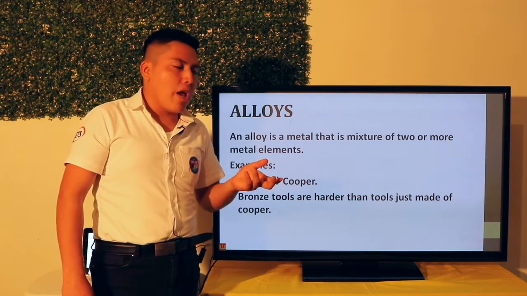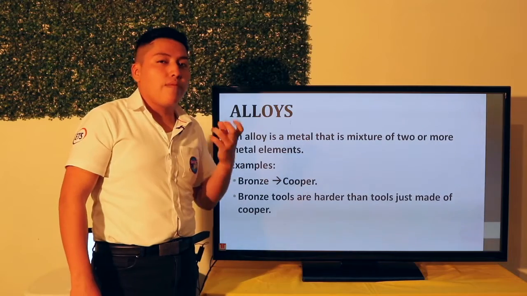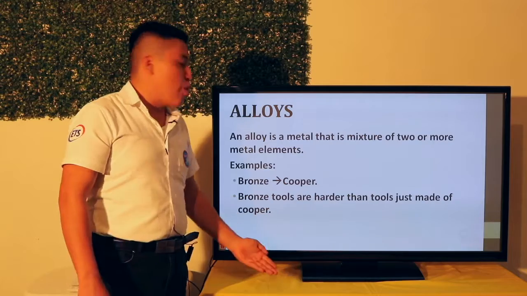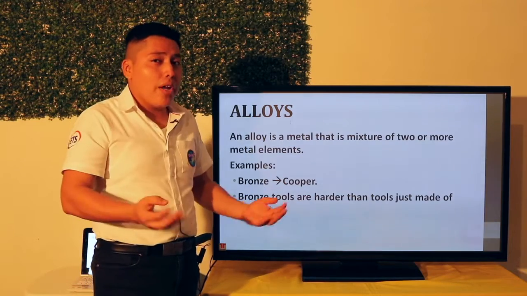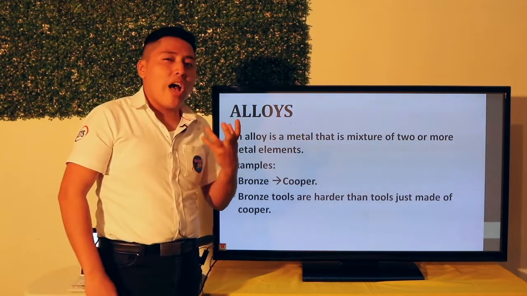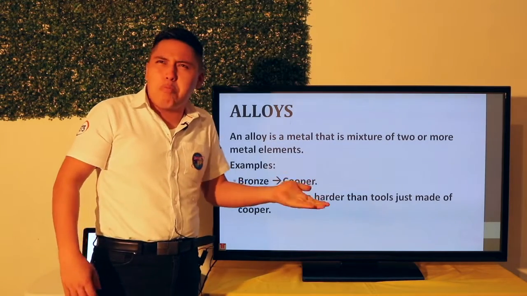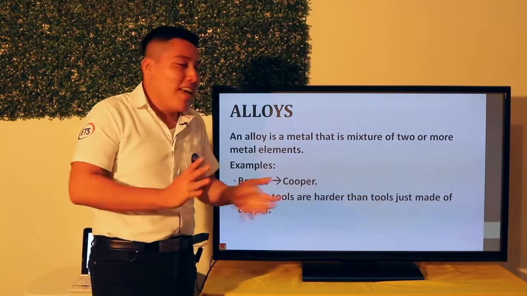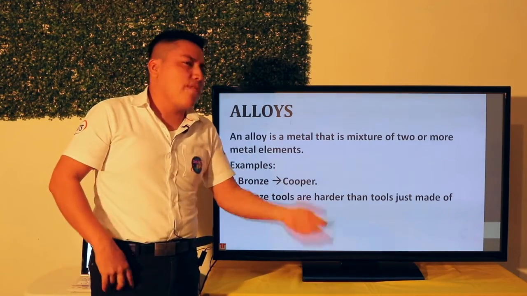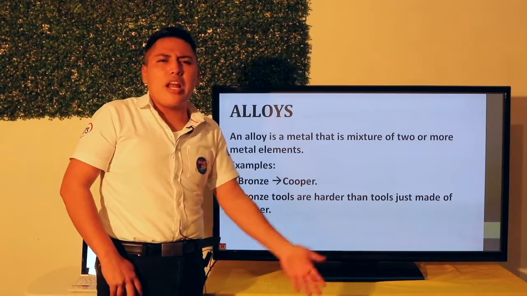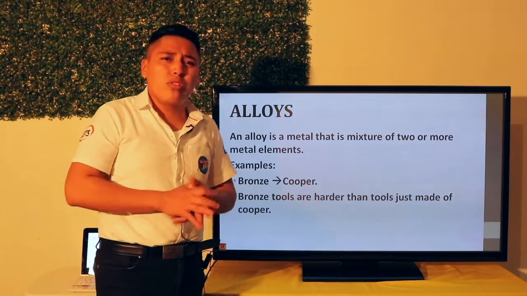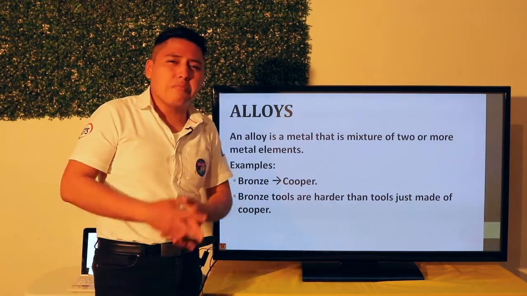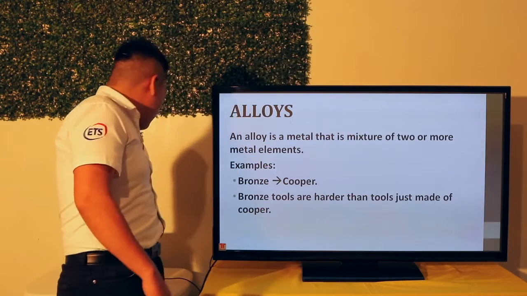If you have a spoon made of just copper, it's vulnerable. But when you have a spoon made from bronze and copper, you have a strong spoon. I don't know why I say spoon, maybe I like spoons. Remember, you can have different elements at home, different tools, screwdrivers or nails, different things made of metal.